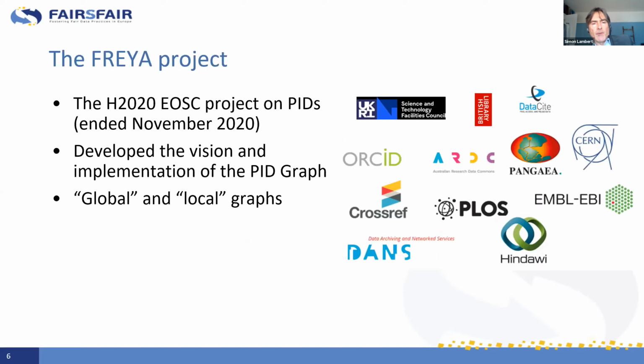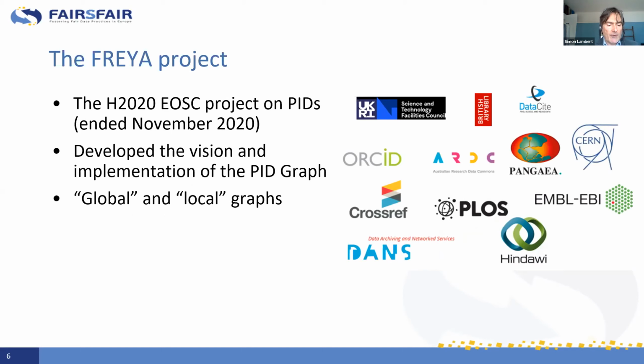So just a remark on the FREYA project. This was a Horizon 2020 project, a European funded project, concerned specifically with the infrastructure for persistent identifiers, and particularly, although not exclusively, within the context of the European Open Science Cloud.